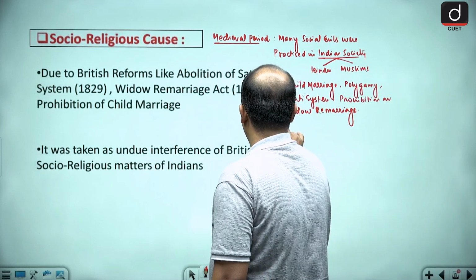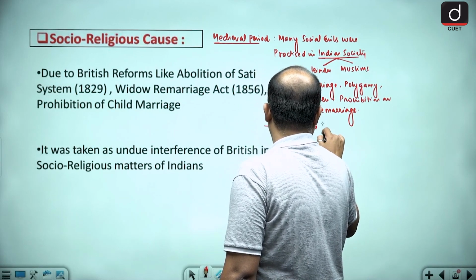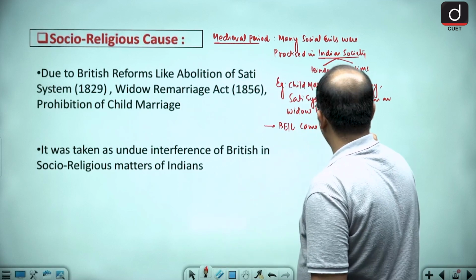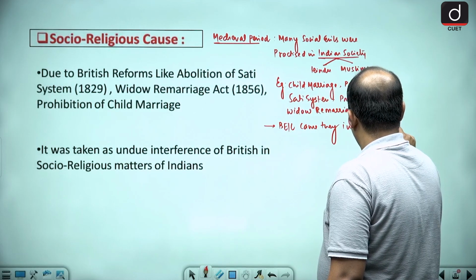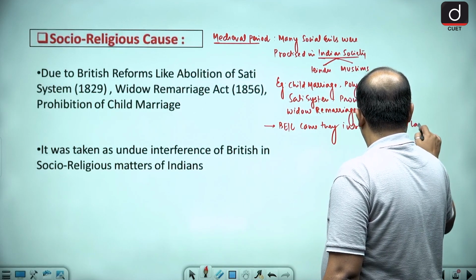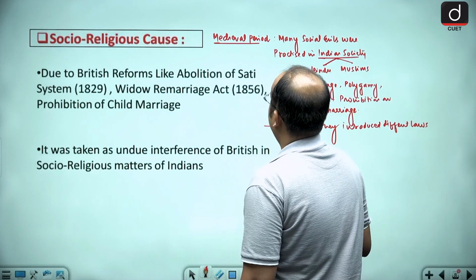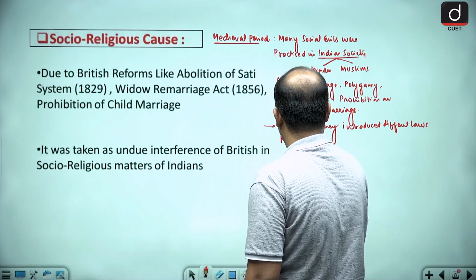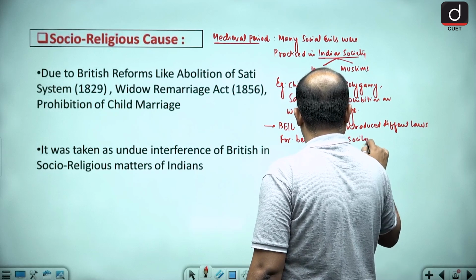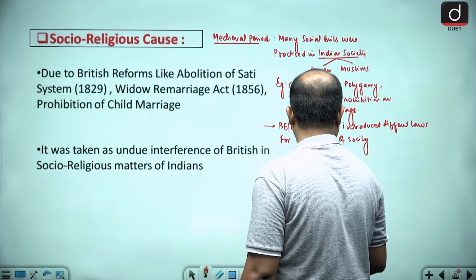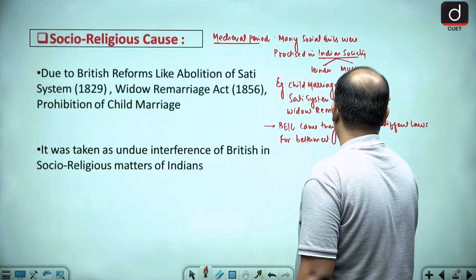And when the British East India Company came, they introduced different laws for the betterment of society.